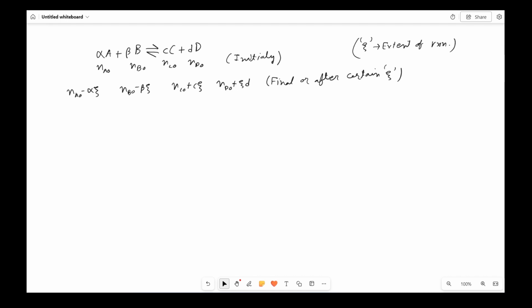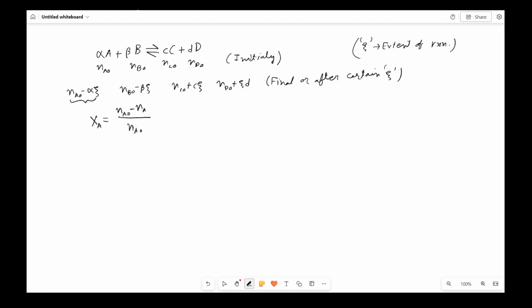Now, suppose we want to write the conversion of species A. By definition, the conversion of A is given by how many moles have been consumed in the reaction, which equals Na naught minus Na divided by Na naught. Na naught is the initial mole. Also, let me write one thing.